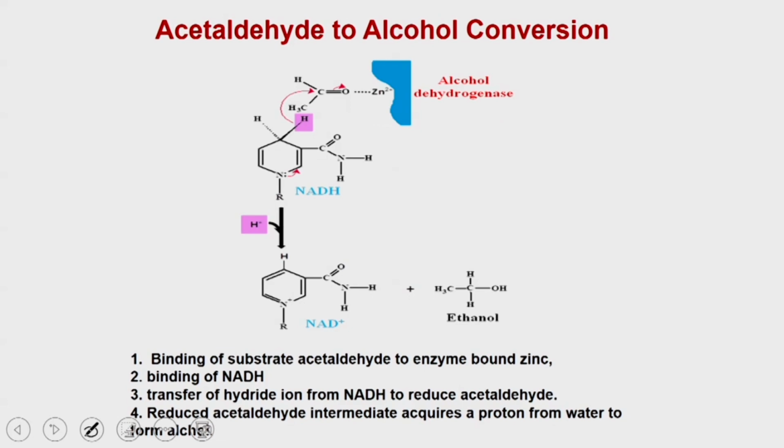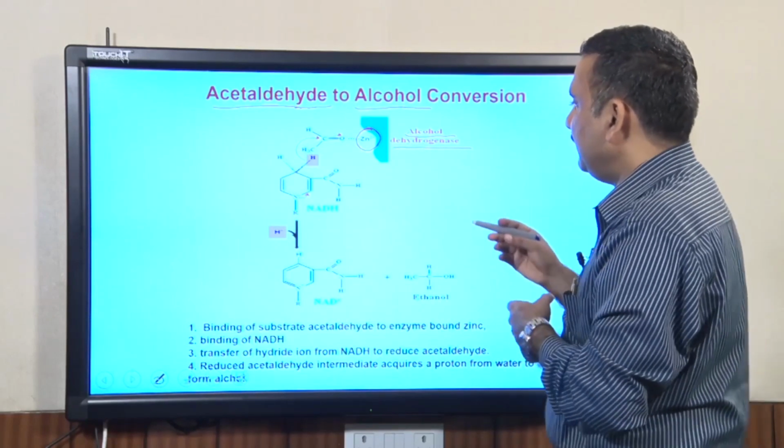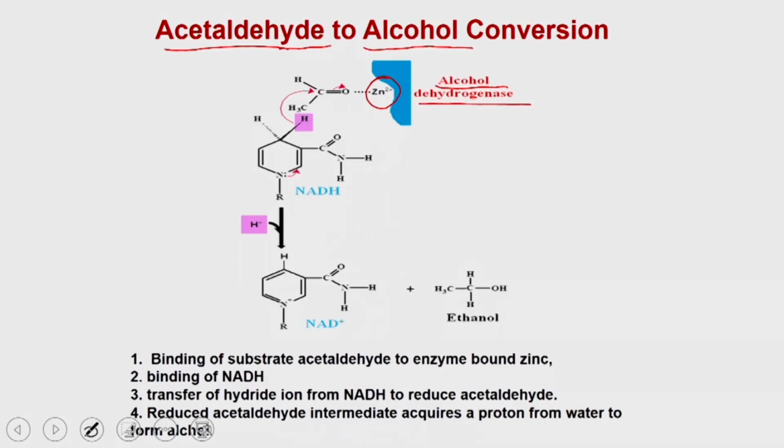Once the acetaldehyde is generated, it is getting converted into the ethanol or the alcohol. The enzyme which catalyzes this reaction is called the alcohol dehydrogenase. Alcohol dehydrogenase is a zinc bound enzyme. In the alcohol dehydrogenase, the active site zinc binds your acetaldehyde.